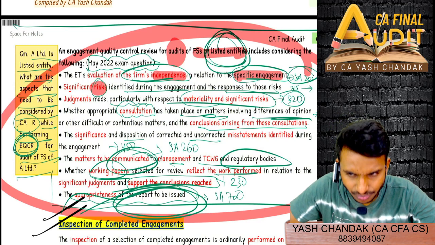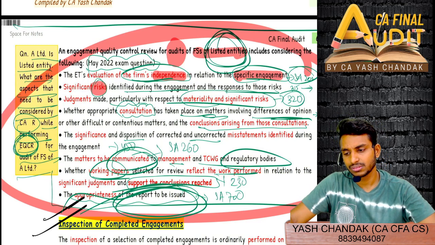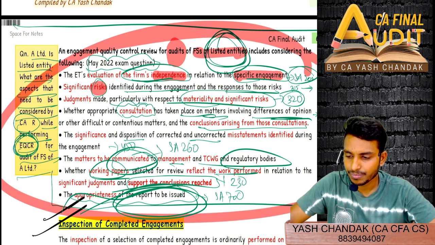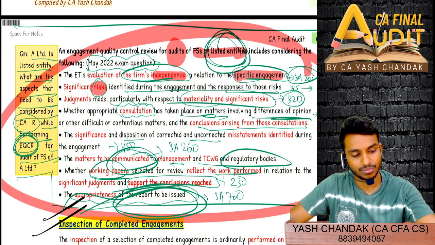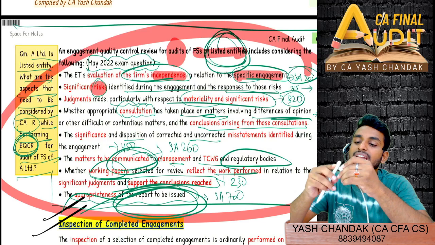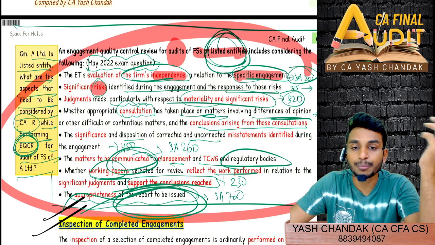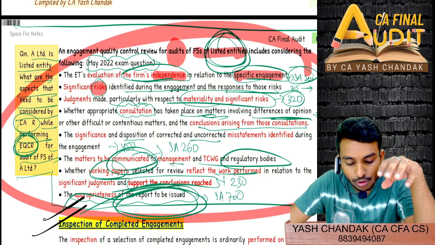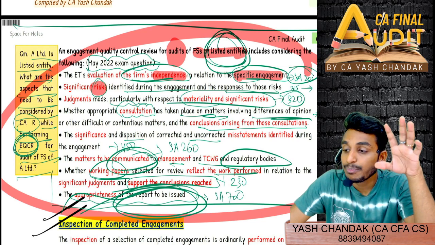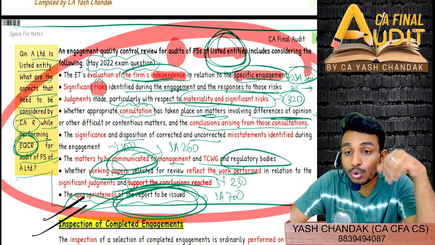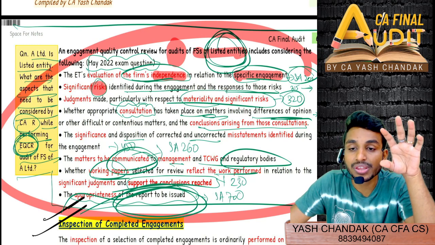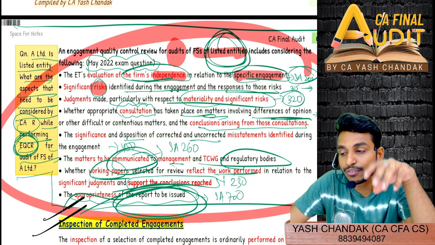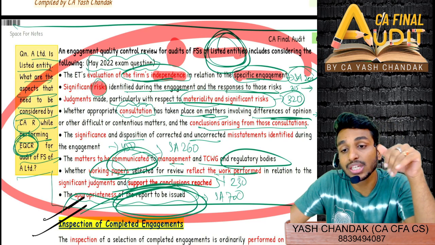But one question is: if there is a difference between their opinions, like the auditor tries to qualify the report, but after reviewing everything the EQCR team just clears the report, what will happen in that case? That has to be addressed separately in your audit report. That is why I told you that in the audit of financial statements of listed entities, before the audit report date, or before you give your opinion, you have to get your audit EQCR. The engagement quality control reviewer will review your performance of the audit, and only then can you issue the audit report.